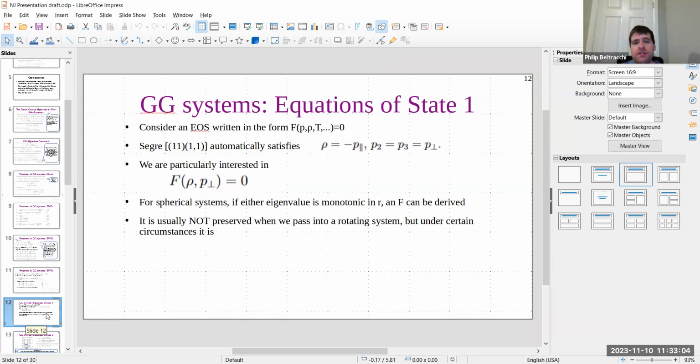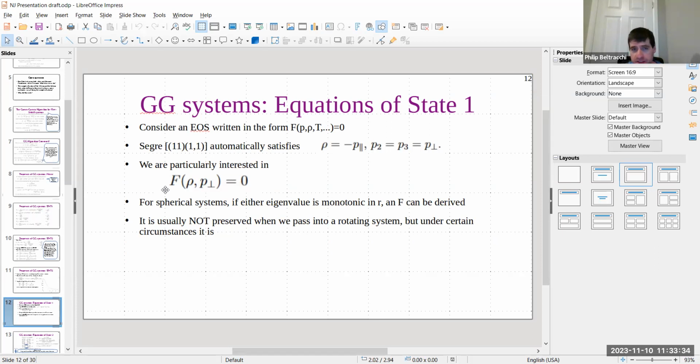We could consider some situation where we're writing an equation of state in terms of thermodynamic variables. So we could have some function of pressure, density, temperature, other variables equal to 0. What we were particularly interested in were systems where we could write some equation of state in terms of the density and the perpendicular pressure.